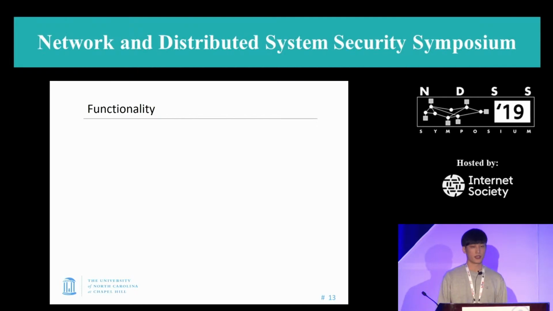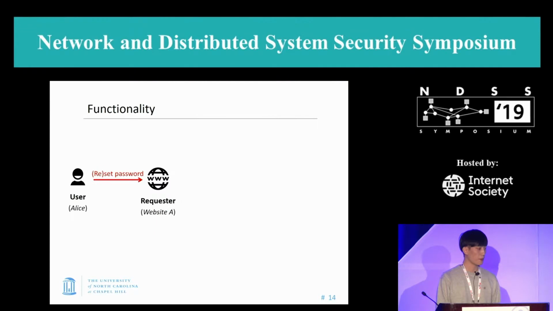First, we expect our framework to achieve the following functionality. Say a user, Alice, wants to register a new account or to change her password at website A, here called the requester.